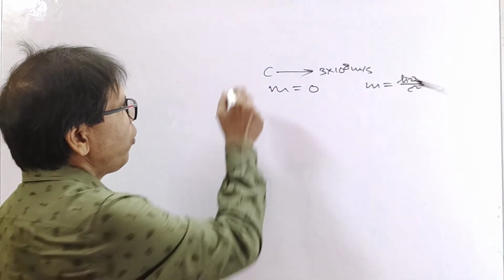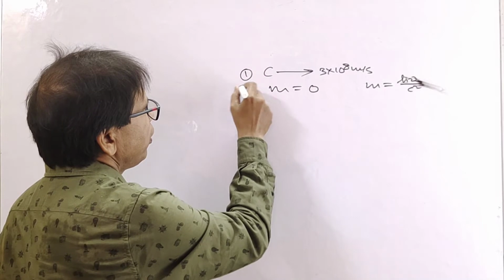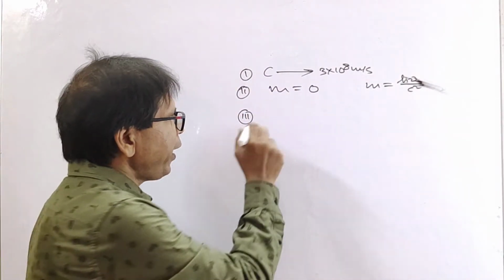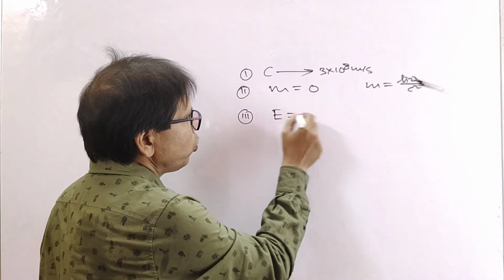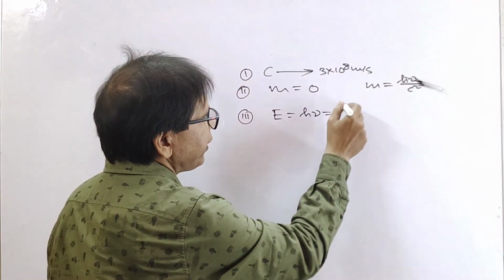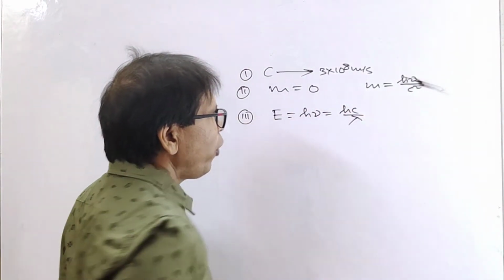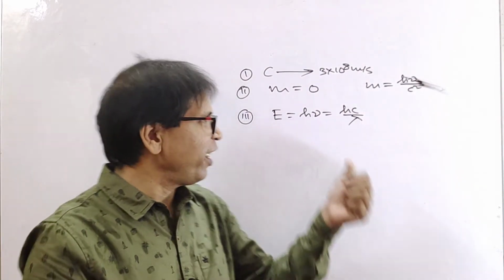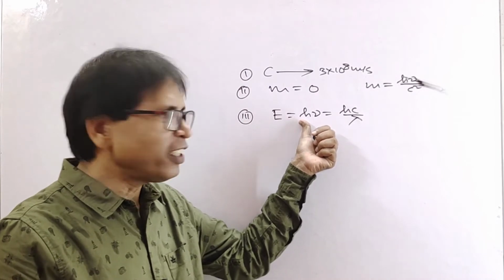Now number 3. The energy of photon is equal to h nu, that is hc by lambda, where hc is 1242 eV nanometer and h is Planck's constant.